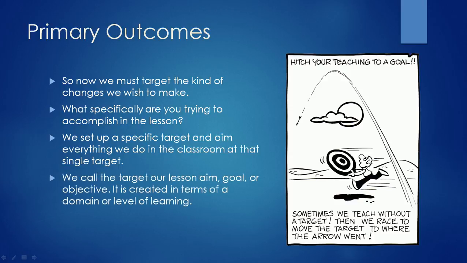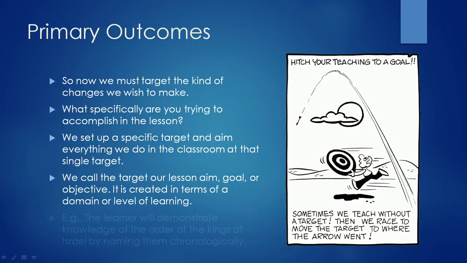Oh, by the way, we call that target our lesson aim, or our lesson goal, or our teaching goal, or our teaching objective. I typically call it a goal. I think your text calls it a lesson aim, and it's created in terms of a domain or level of learning. So I will choose whatever domain or levels of learning I'm trying to reach with that content, and then I set up that aim.